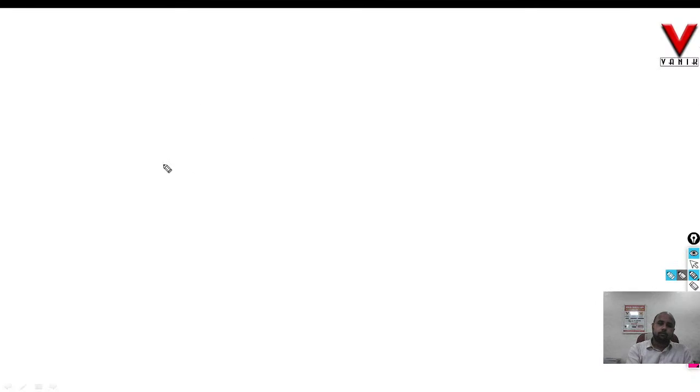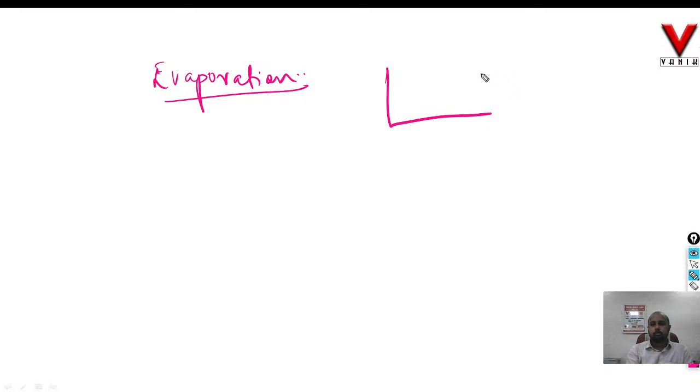Next we have evaporation. Now what happens in boiling? This is water. I am supplying some kind of heat to this water. So in boiling, entire molecules will start getting converted to vapor form.